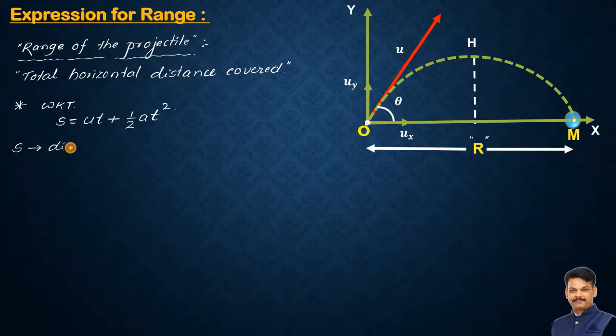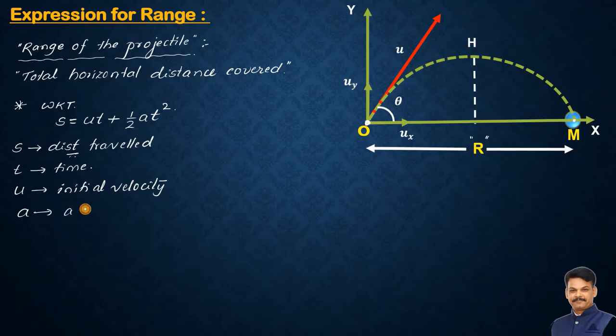S is the distance traveled, t is the time factor, or total time of motion, u is the initial velocity, and a is the acceleration.